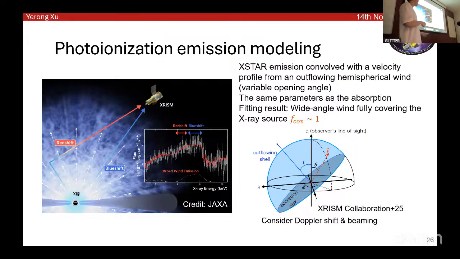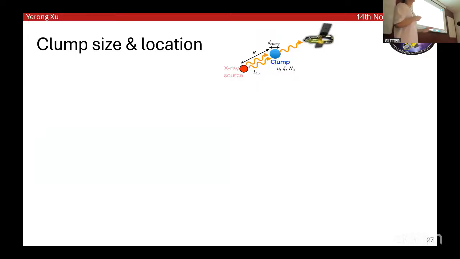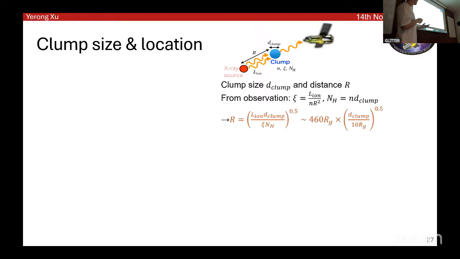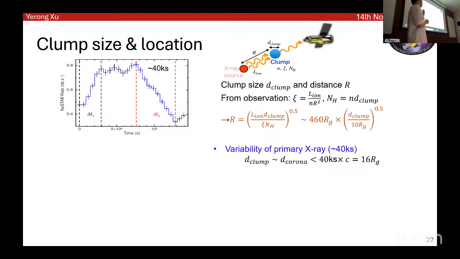spectroscopy results, we could use them to estimate the size and the locations of these UFO clumps. First of all, by combining the definition of ionization parameter and the column density, we could build a relationship between the clump size and the location. And then, taking advantage of the variability we observed during the campaign, we could use the variability timescale.